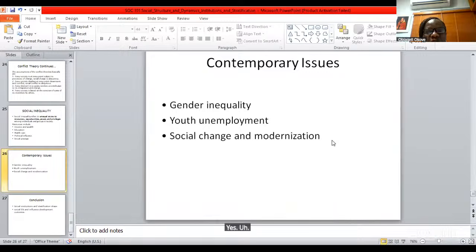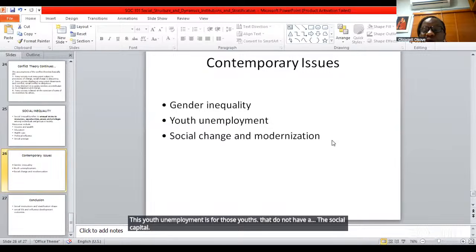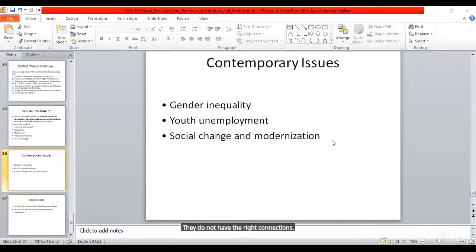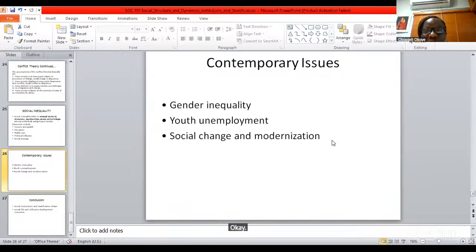Social stratification has really contributed to youth unemployment. This youth unemployment is for those youths that do not have the social capital. They do not have the right connections to get jobs. Now, youth unemployment is a common problem in Nigeria, but it's only for those in the lower class.